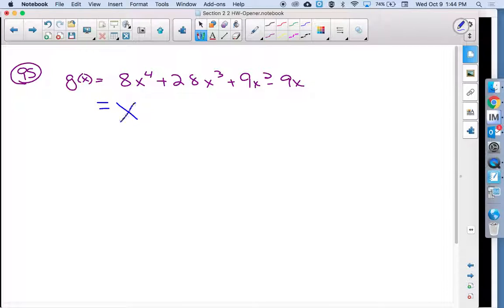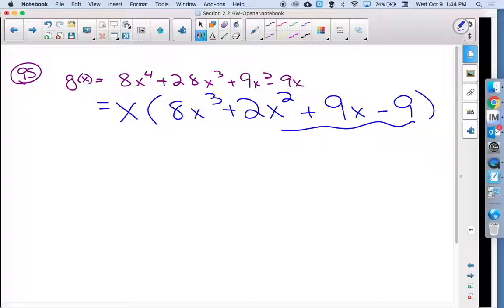So if you factor an x out, then this polynomial has 1 less power, which means I have to do synthetic division 1 less time, which means less work. So by factoring an x out, I immediately know that I have an x at 0. So one x-intercept is x equals 0, just by factoring that out.